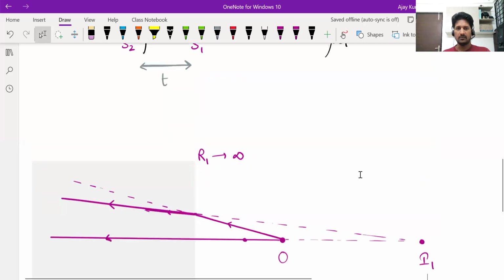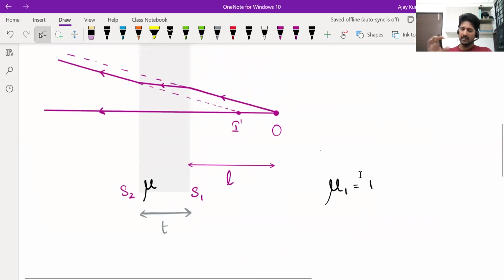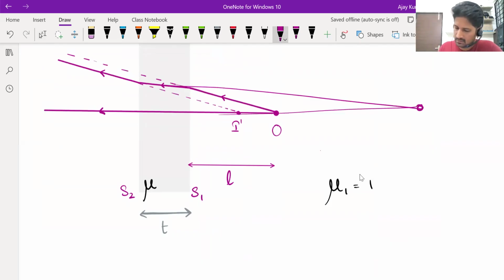Okay, and then what happens? That light which appears to be coming from I1 strikes the second surface and again undergoes a refraction. So for the second surface, this I1 is where the light appears to be coming from.